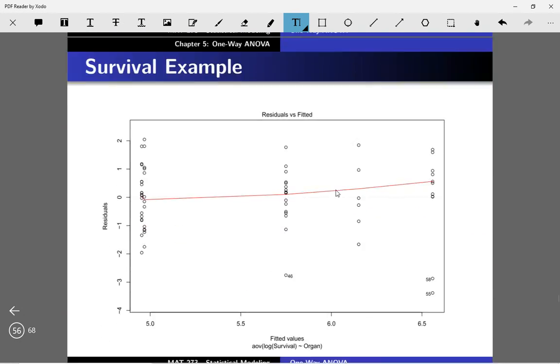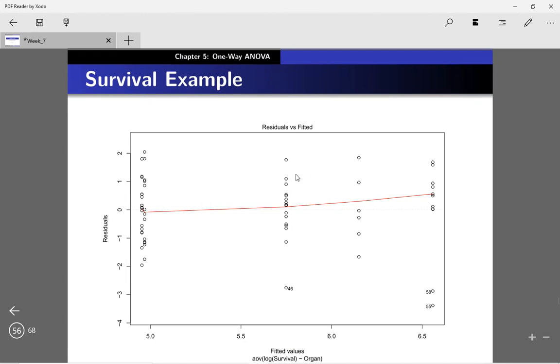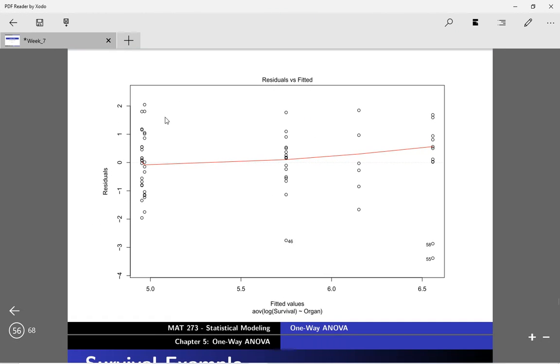So checking these assumptions here, we see that the constant variance assumption appears much better. It's not perfect again, but looking at the spread within each group, it's much more similar after the log transformation.